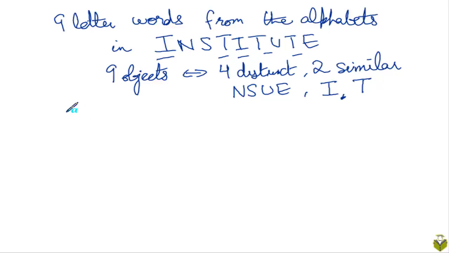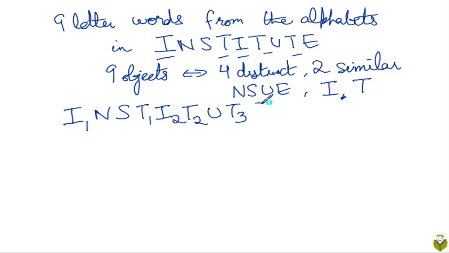For example, again, as before, I will call them I1 and I2, T1, T2 and T3. So I'll just treat each of these I's and T's as distinct objects. Then we know how to solve it, right?